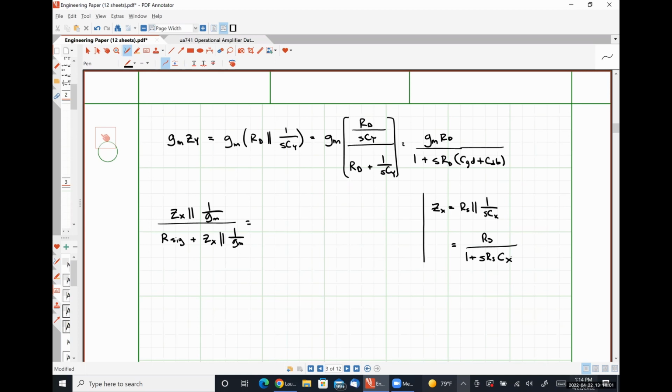But first, this is going to look like ZX over GM times ZX plus 1 over GM.